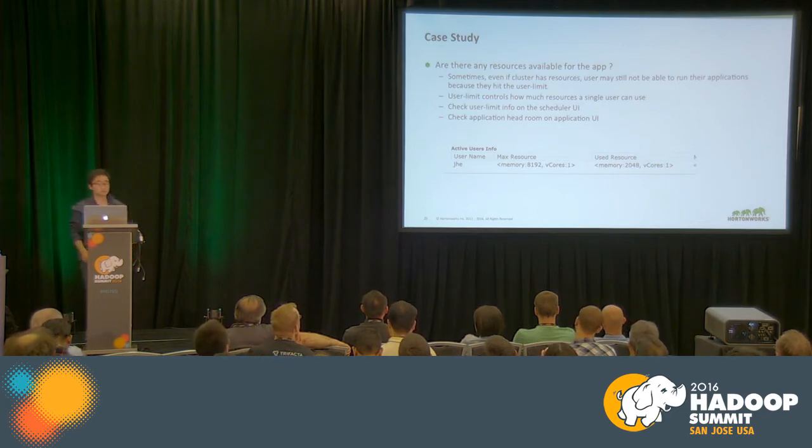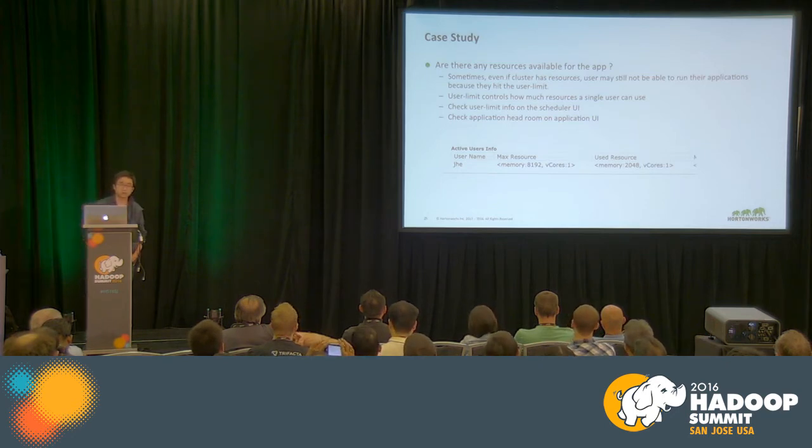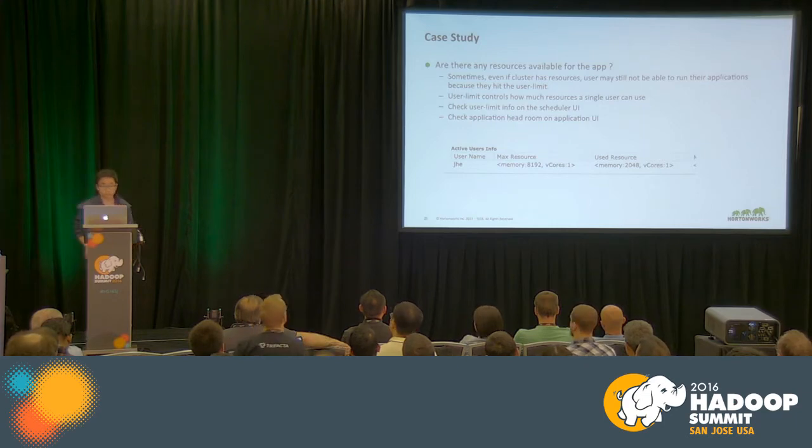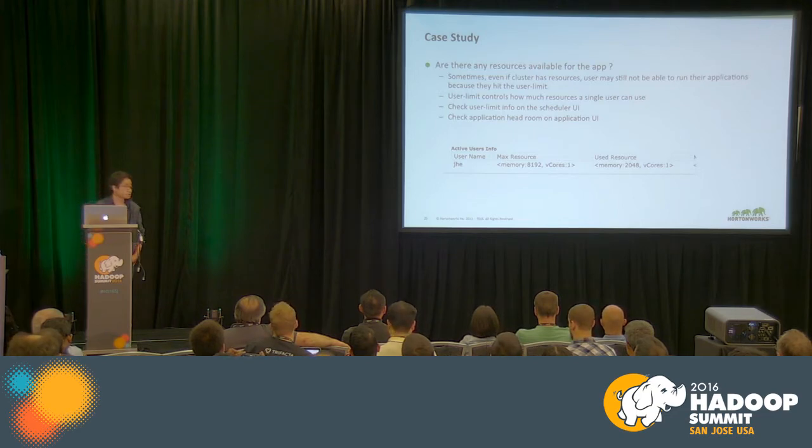User limit is a concept in capacity scheduler where it controls how much resources a single user can use. For example, the screenshot below shows the resources for a single user. This user, JHE, has 8 GB max resources, and has only used 2 GB.